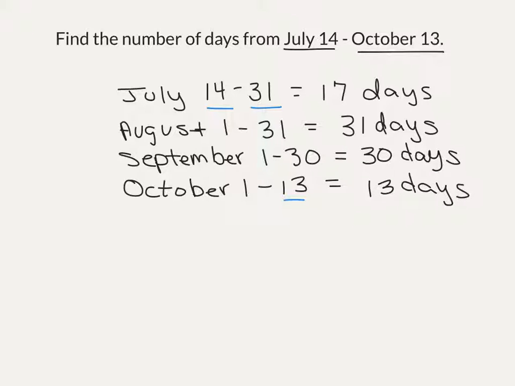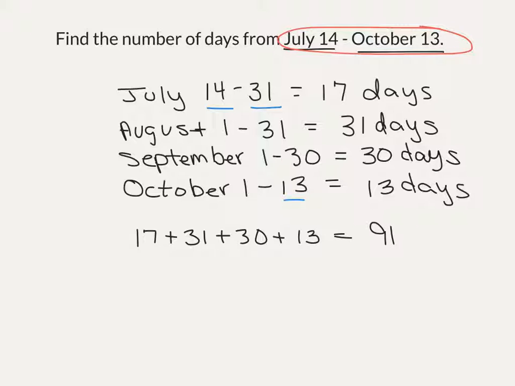Now to find the total number of days from the 14th of July to the 13th of October, we'll just add up all of these days that we found for each month. So 17 plus 31 plus 30 plus 13 gives me a value of 91 days, and that is our final answer.